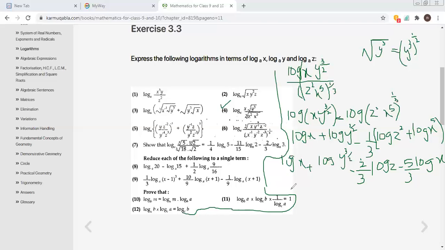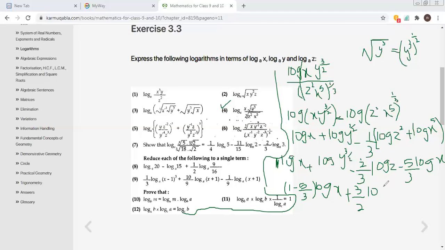Here, log x and 5 upon 3 will be written together. It has a power, it has one term, its coefficient is 1. It will be written 1 minus 5 upon 3 log of x. Okay, log of x plus, yes Ayesha, 3 upon 2 log y, plus log of y.